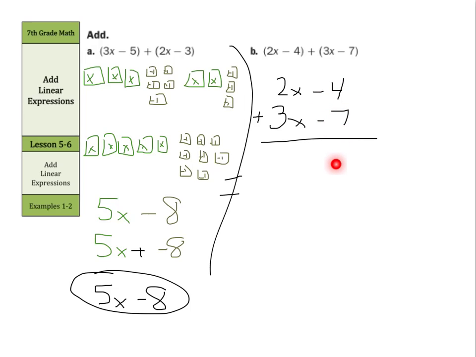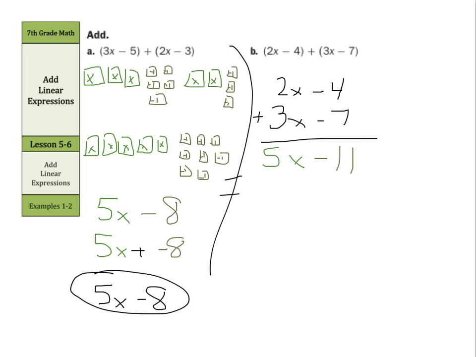So if we take our negative 4 plus a negative 7, negative 4 plus negative 7 is a negative 11, and 2x plus 3x is 5x. And that's all there is to that.